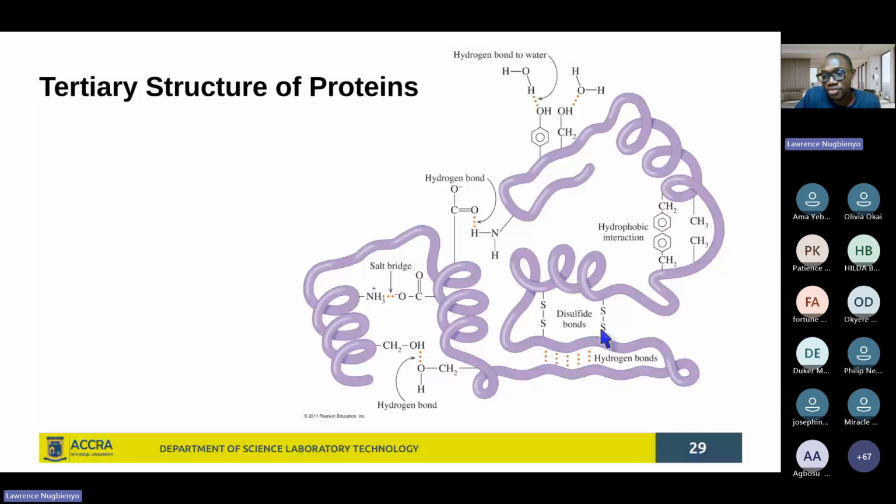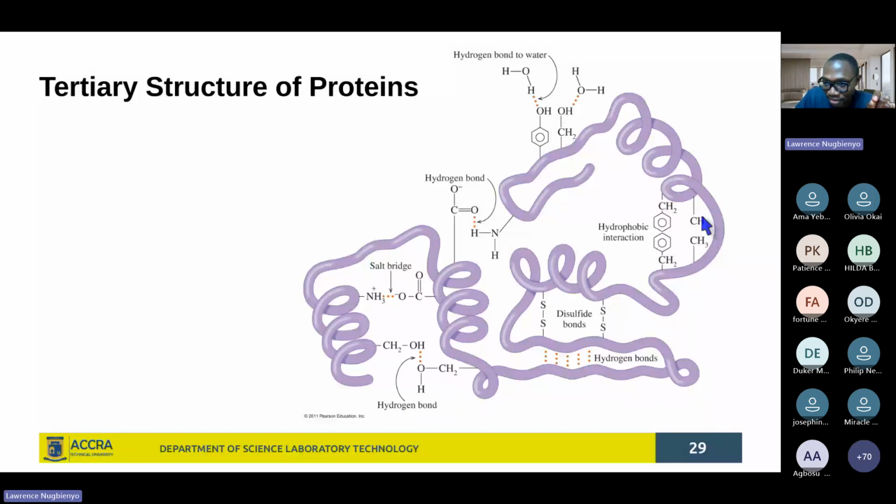You can have what is referred to as hydrophobic interaction. Remember, we saw some of the side chains being hydrophobic, non-polar. And one of them is the methyl group. Like you saw the methyl group in an amino acid like alanine.